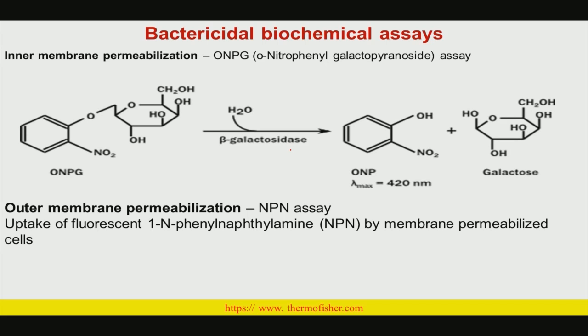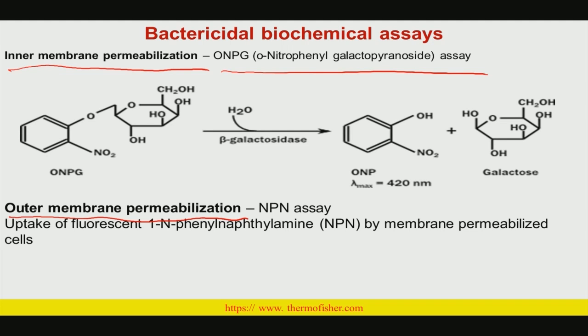Okay. Now, while analyzing why a bacteria is not able to grow or why a bacteria is killed in growth medium, certain assays are typically used to see the effect on the bacterial membrane itself. This is called inner membrane permeabilization, and one of the assays done is the ONPG assay.